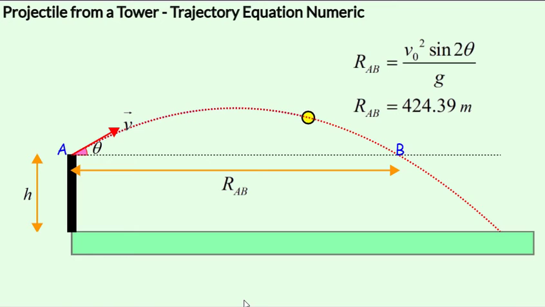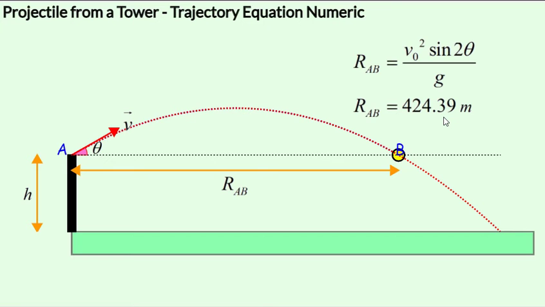All you have to remember is that when you're using this form of the equation, the range in the equation refers to the distance when we get back to the same horizontal level as the launch point A. So our range is RAB for which we have a ready formula, which is v0 squared times sine of 2 theta over g, and this gives us the range as 424.39 meters. Now this is the range that we will substitute into the second form of the trajectory equation.